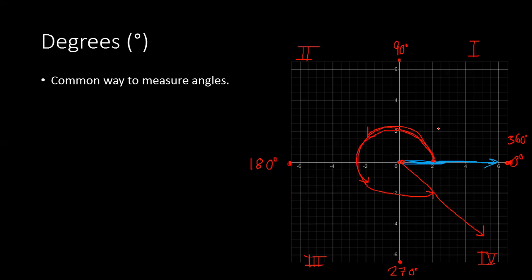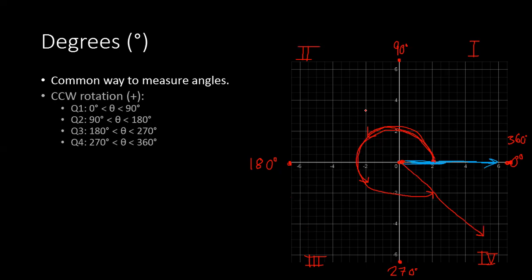Therefore, the angle formed here is greater than 270 degrees but less than 360 degrees. To sum it up, if it's in a counterclockwise rotation, then you have these given ranges of angles.